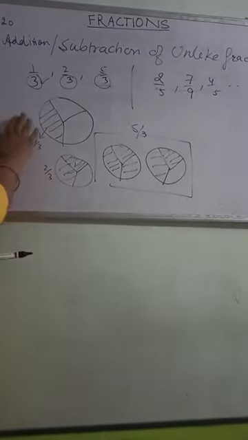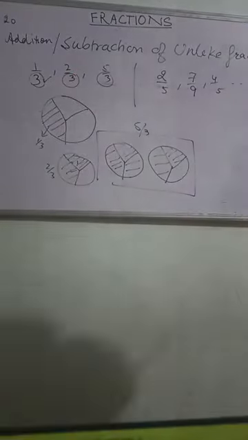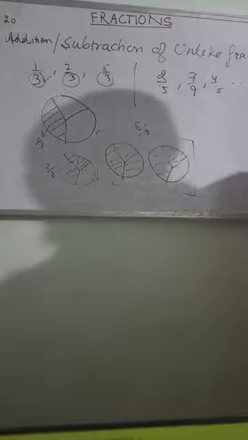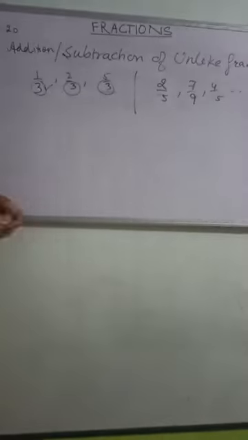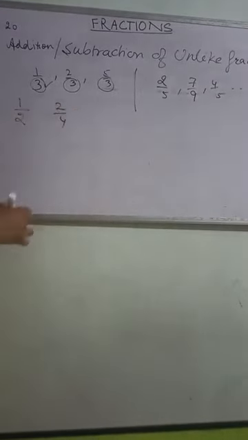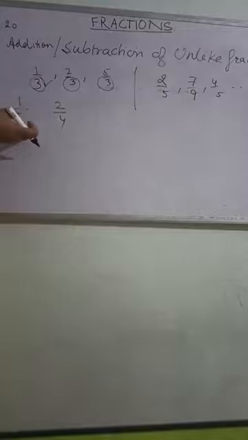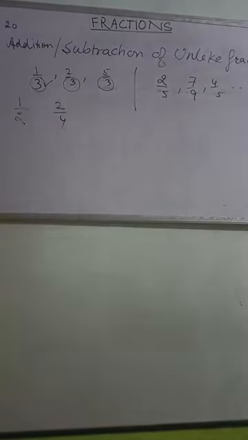An equivalent fraction is something, wait a second. Here, if I write 1 by 2 and 2 by 4, at first sight you may say that these two fractions are not equal.